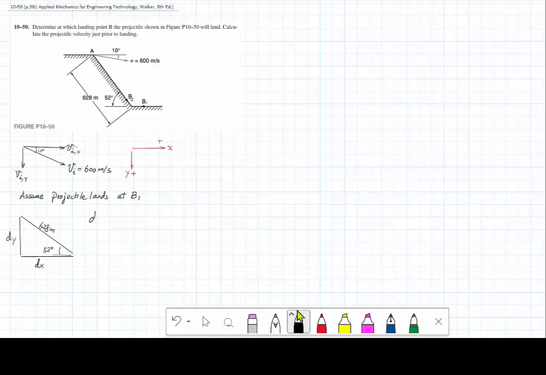So dx equals 628 meters times cos 52 degrees, and that equals 386.6 meters. The dy equals 628 times sine 52 degrees, and that equals 494.9 meters.